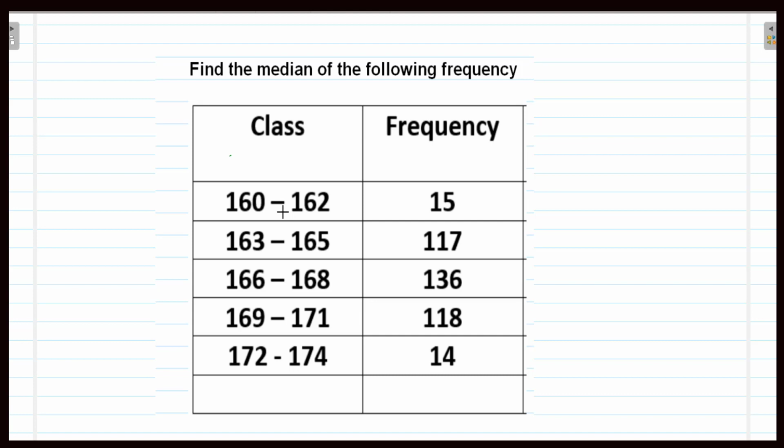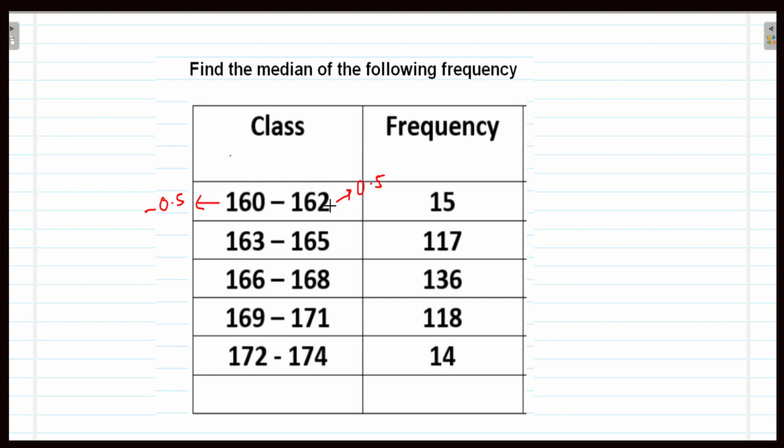To convert it to the exclusive form, we subtract 0.5 from the lower limit and we add 0.5 to the upper limit. So after doing so, we get 159.5 and this we get as 162.5.